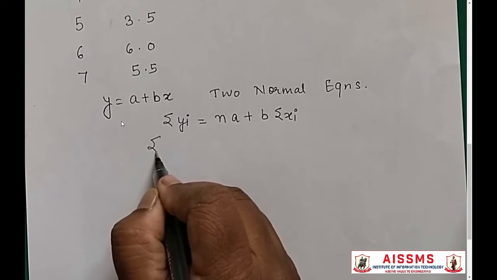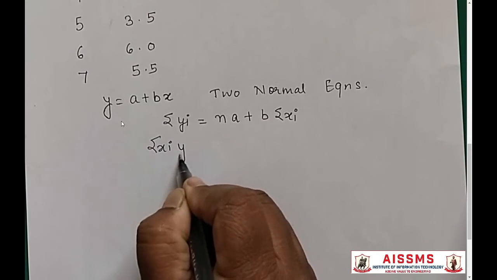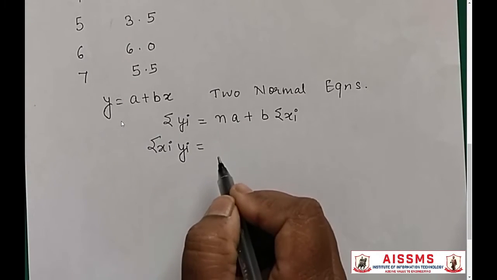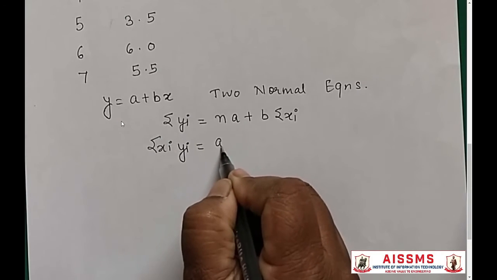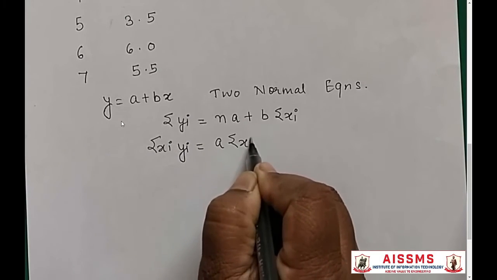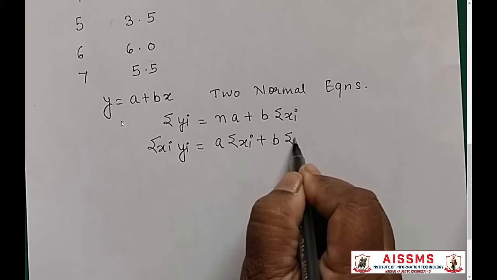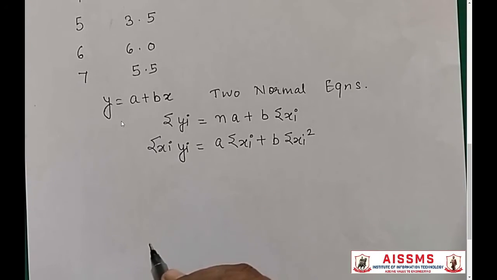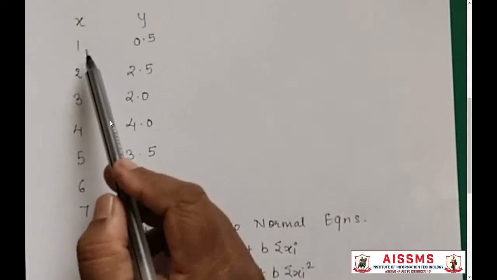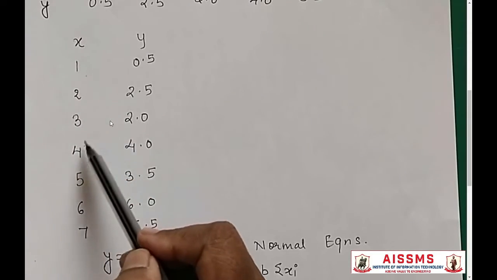And the second normal equation is summation of xi yi is equal to a into summation of xi plus b into summation of xi square.